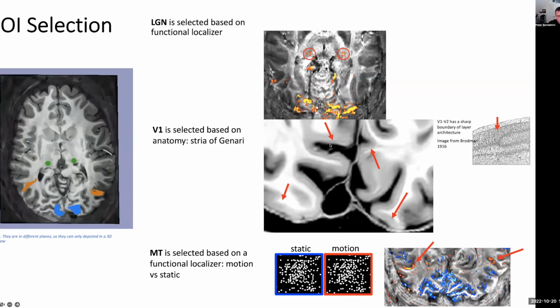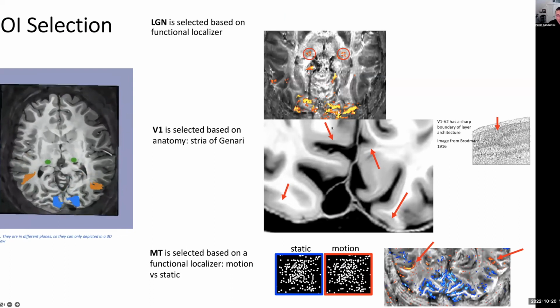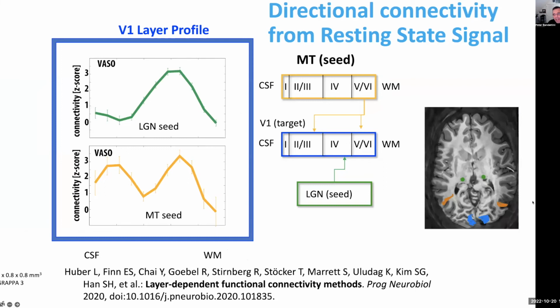Without going into too much detail here, we did the same thing with V1 and looked at how it relates to taking seeds in MT right here, and also the lateral geniculate. So V1 sits between these.